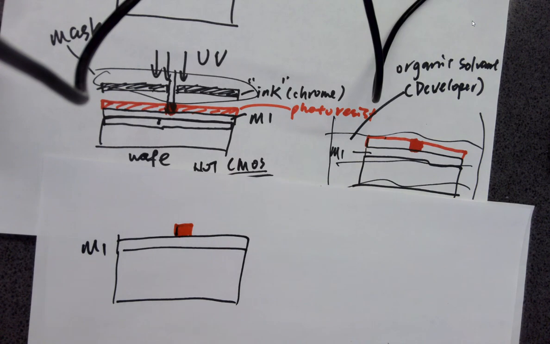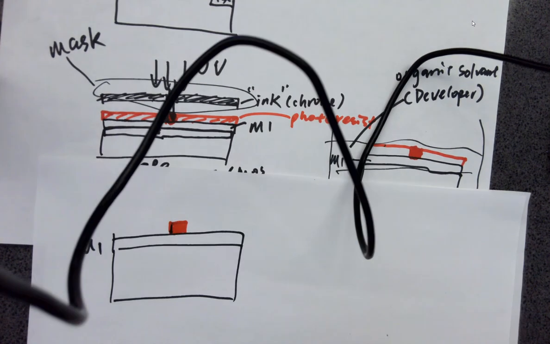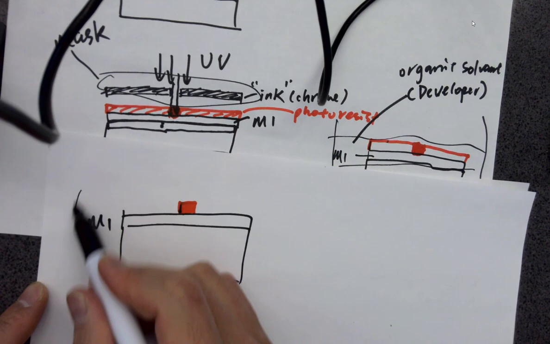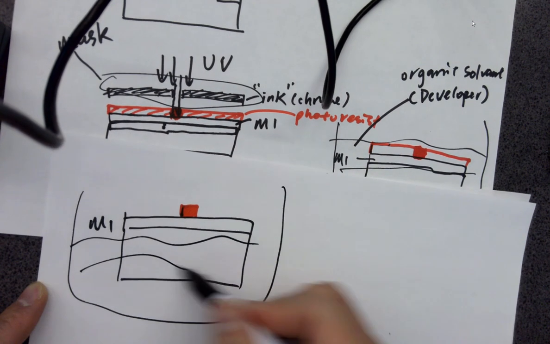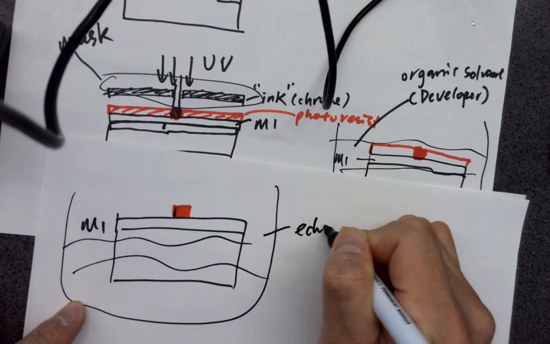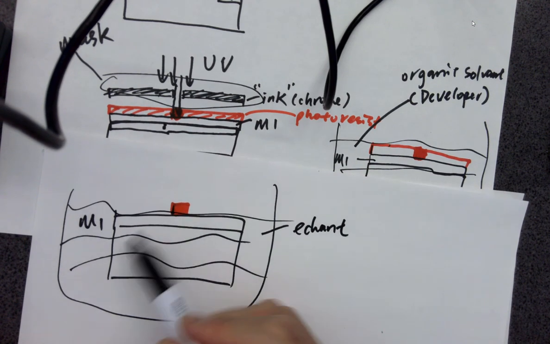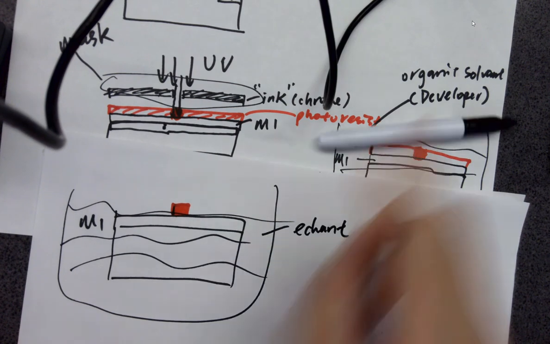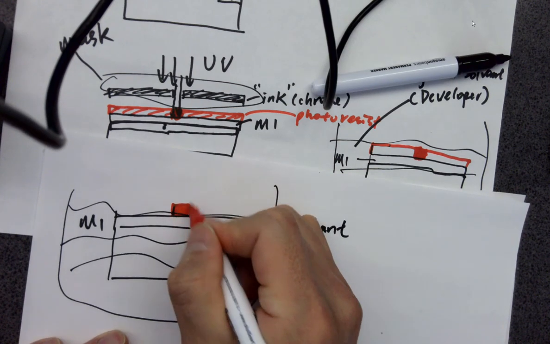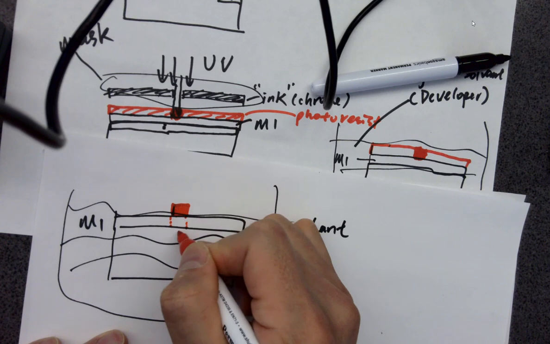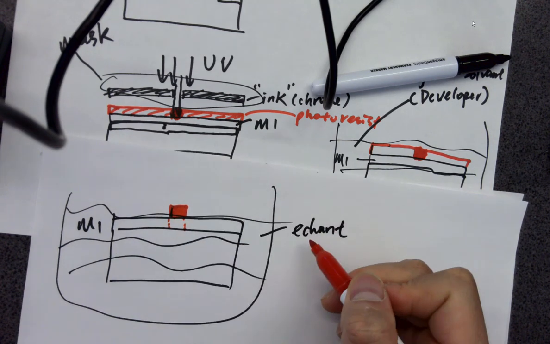Okay? So next step is you place this wafer into an etchant. It will remove the metal 1 because this part is protected by this little photoresist. It's being protected, it's being covered, so it's not going to be exposed to the etchant.